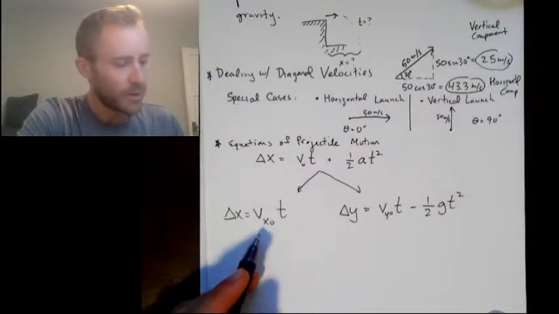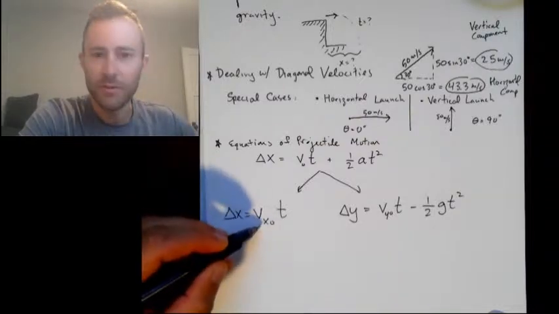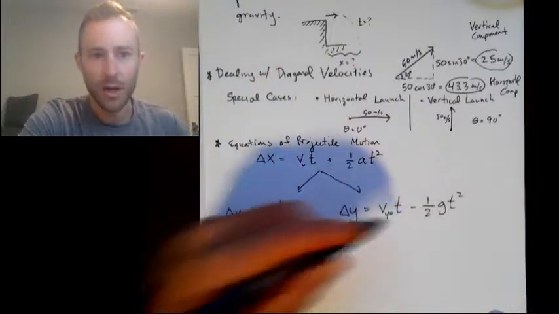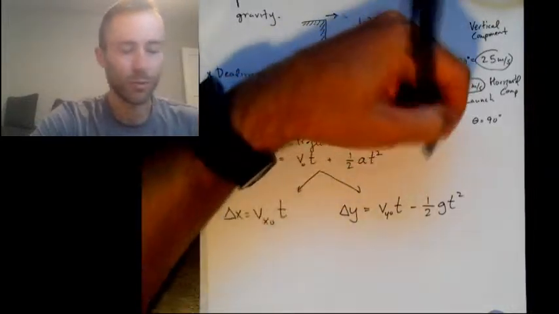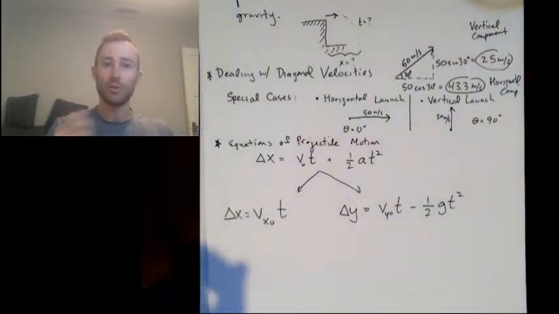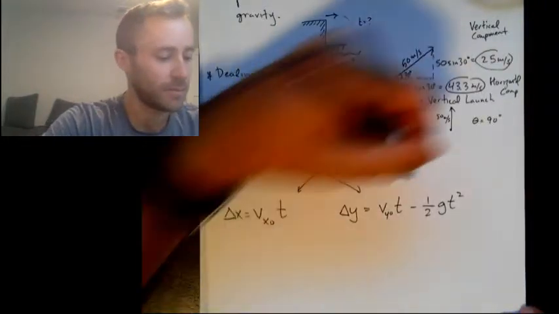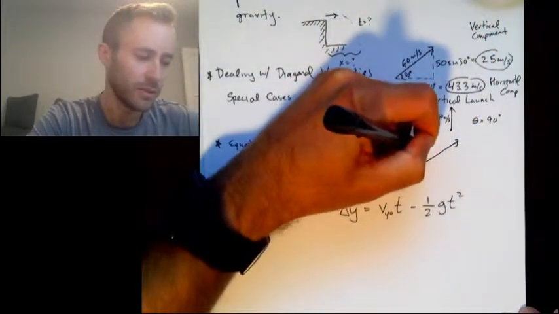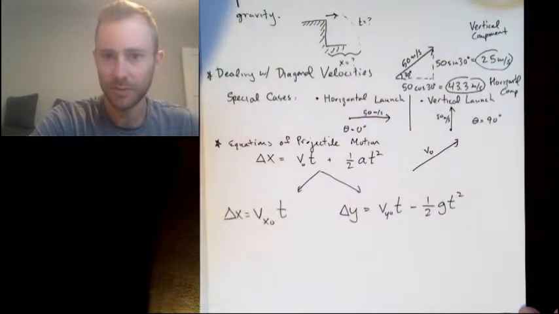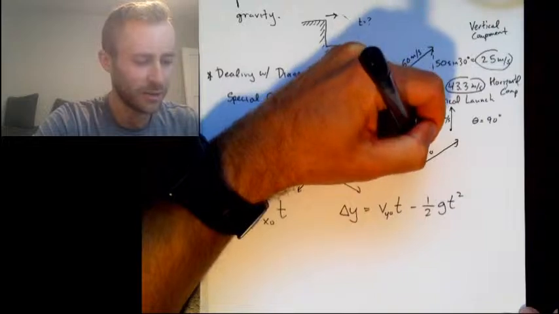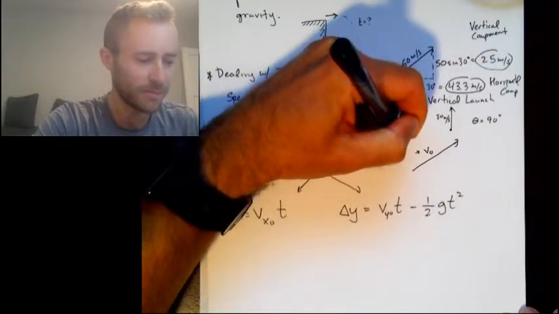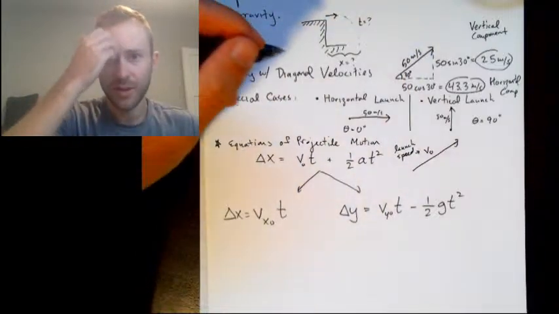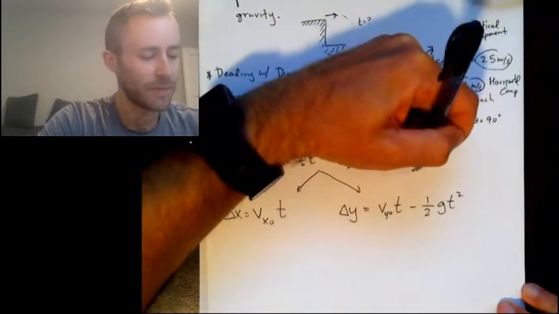First of all, you will notice that v naught became vx naught and vy naught. Now, why is that? Because when you launch a projectile, you can launch it at an angle. Okay, so here's your initial velocity after the launch. Okay, so v naught is the launch speed, and you have a certain launch angle.